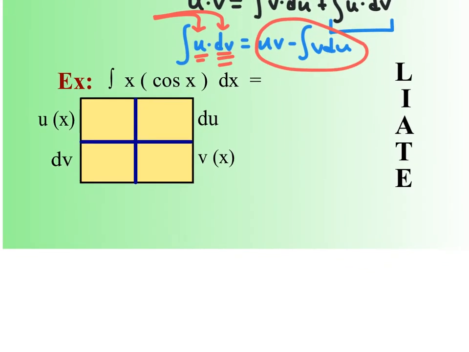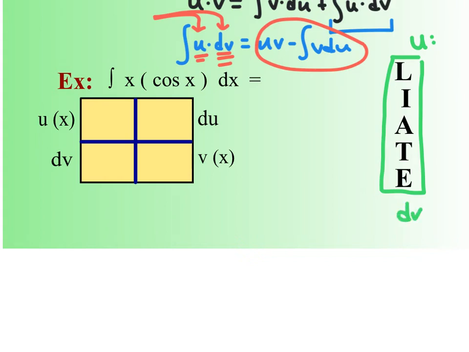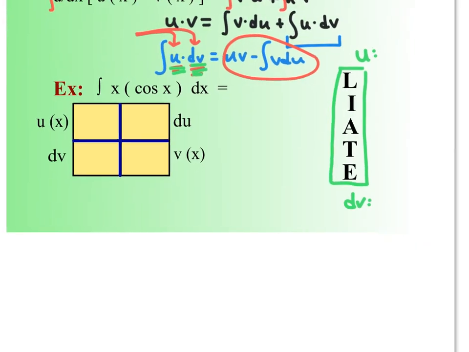Now I've got a pretty loaded slide here, so I'm going to try to explain. Looking over here at this LIATE acronym, we always put U's up, we always put DV's down. So what does L mean?